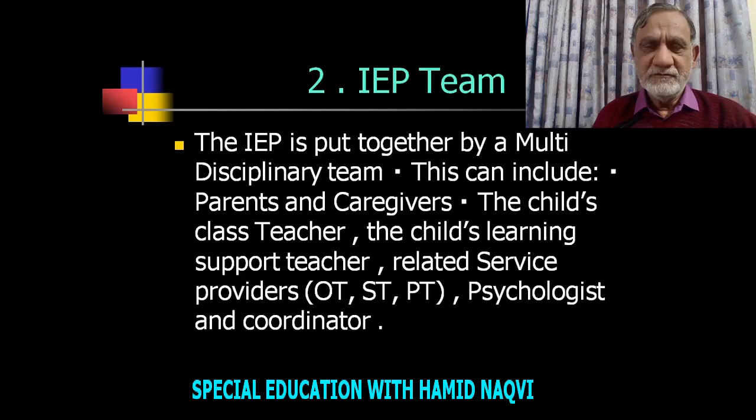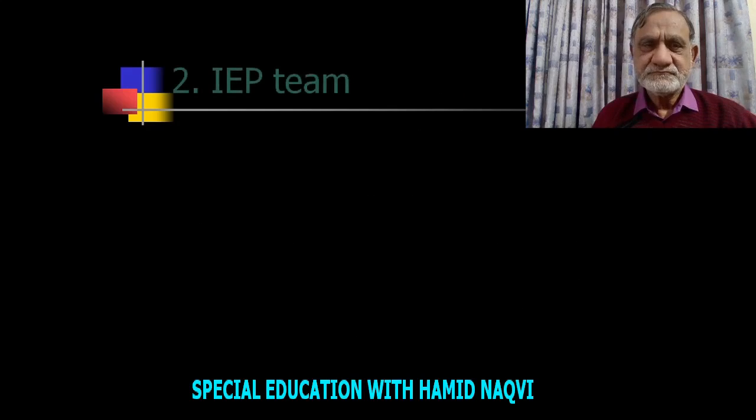They are called a multidisciplinary team, coming from different disciplines. This can include parents and caregivers. They are an important part of it. Then the child's class teacher, the child's learning support teacher, related services providers such as occupational therapist, speech therapist, physiotherapist, psychologist, and a coordinator.